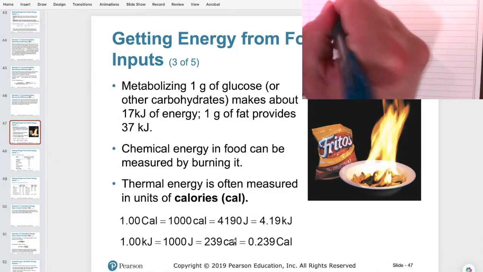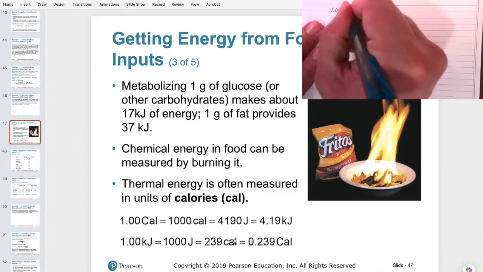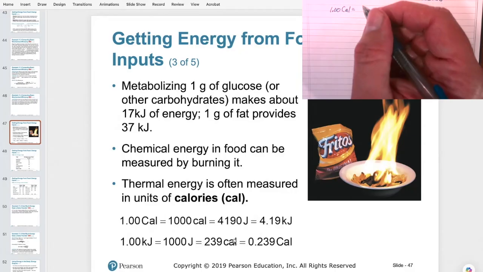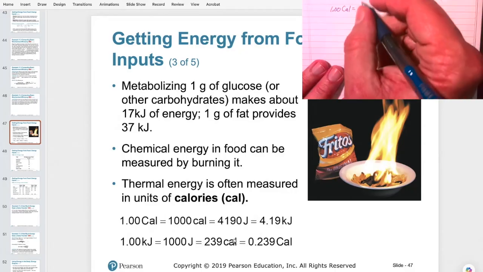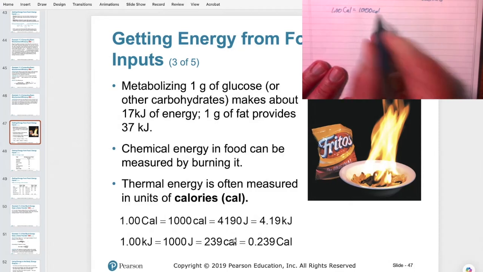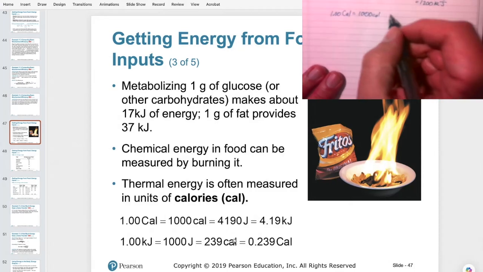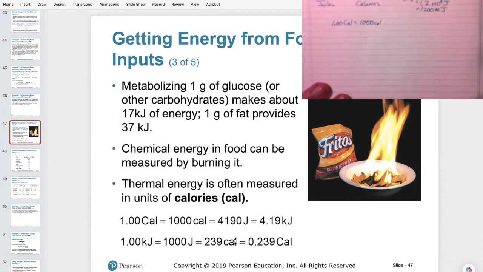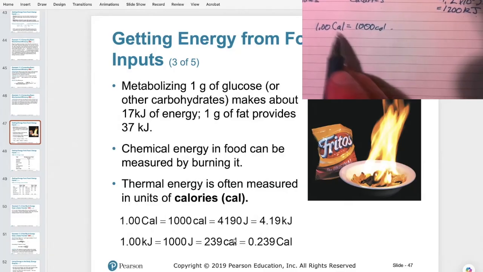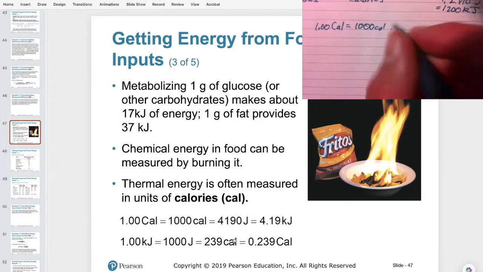So we're going to say that 1 Calorie with a big C is going to equal 1,000 actual calories, which is a little c. Remember, when you see this on a food label, it's actually referring to kilocalories, which is the big C. We call it calories. I don't know why.